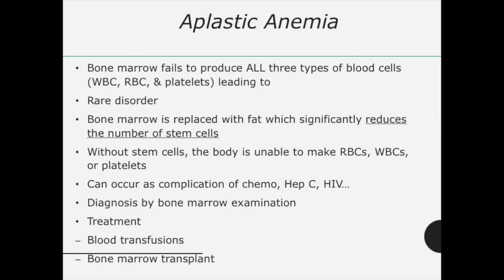So, aplastic anemia is a deficiency of circulating erythrocytes and all other formed elements of blood, so your platelets and white blood cells, resulting from the arrested development of cells within the bone marrow. It can be primary or secondary.